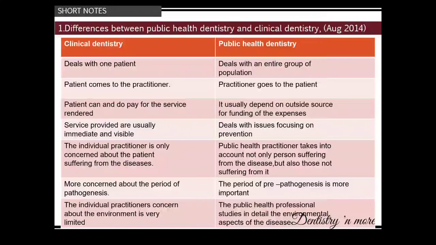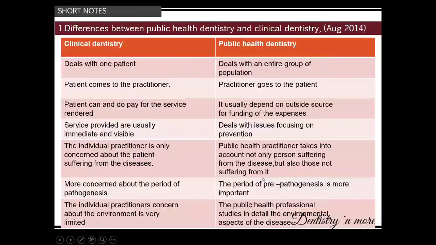If you do a restoration, you can see the changes very fast, but this is focused on prevention, so the changes take time. An individual practitioner is only concerned about patients suffering from disease, but we public health practitioners take into account not just those suffering, but also those who are not suffering from it.